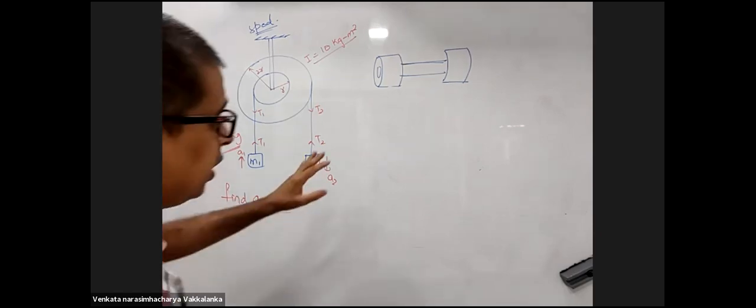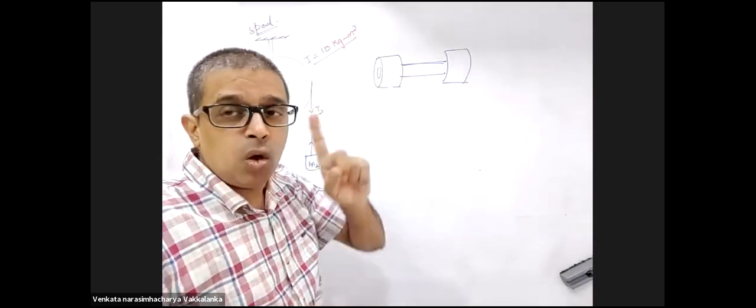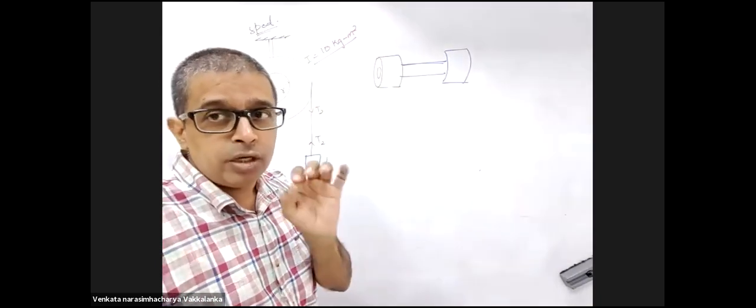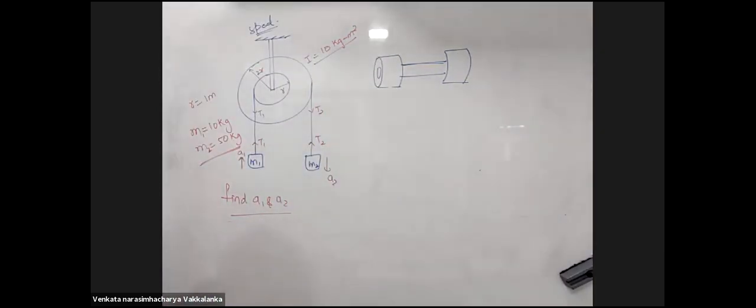There is no inner cylinder separately and outer cylinder separately. It is one rigid body. Spool is one rigid body. Do not interpret one cylinder and another cylinder separately.